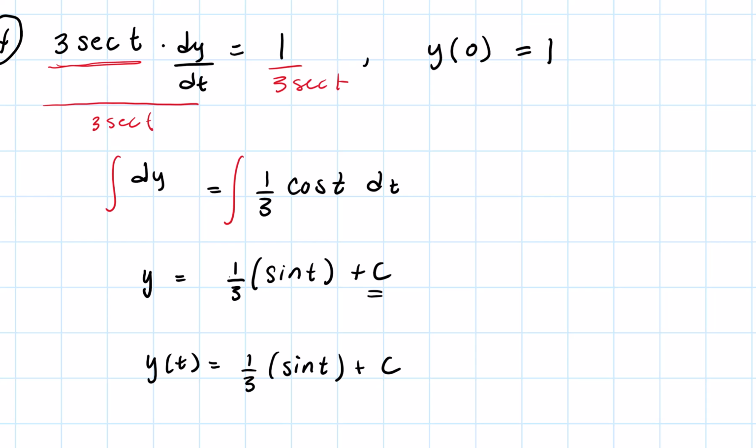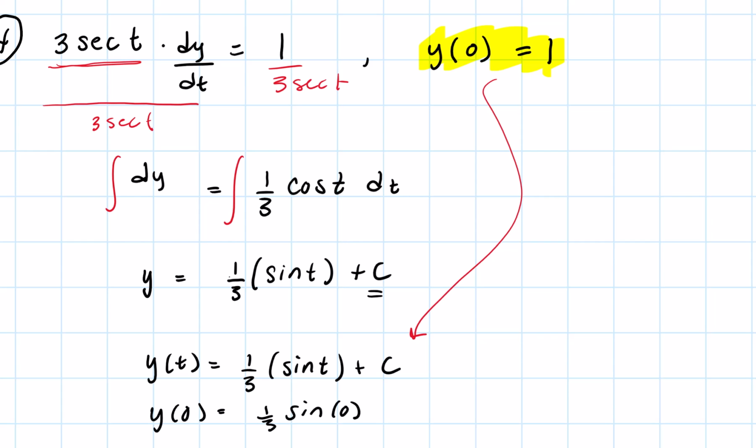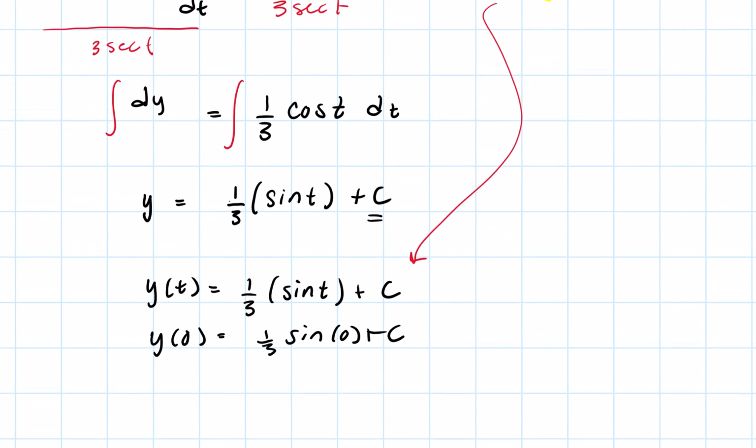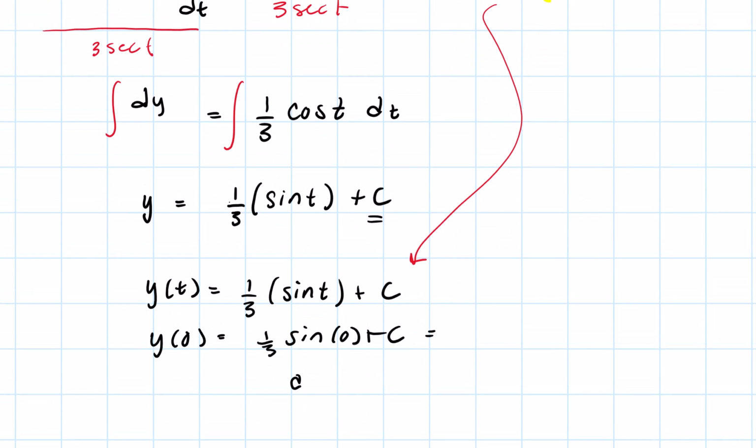Now we have this initial data right here, so we're going to go ahead and find that constant by plugging it in. So y of 0 is equal to 1/3 sine of 0 plus c, and that equals 1.